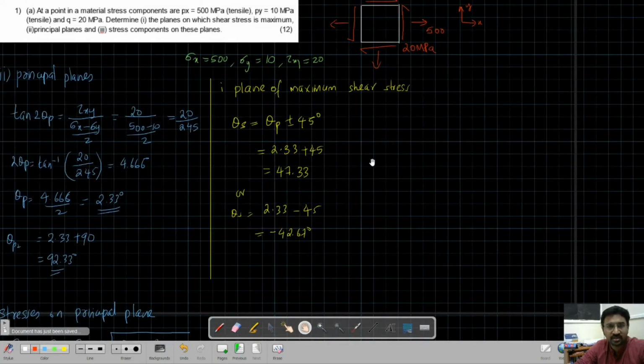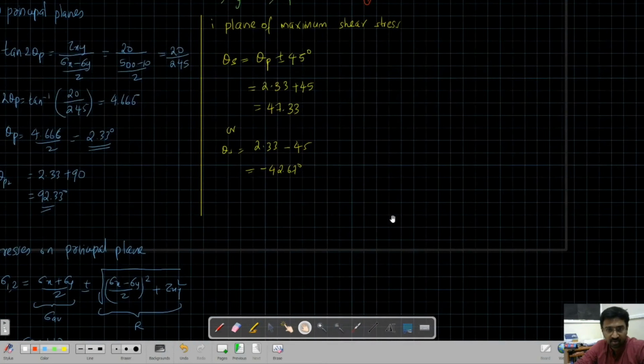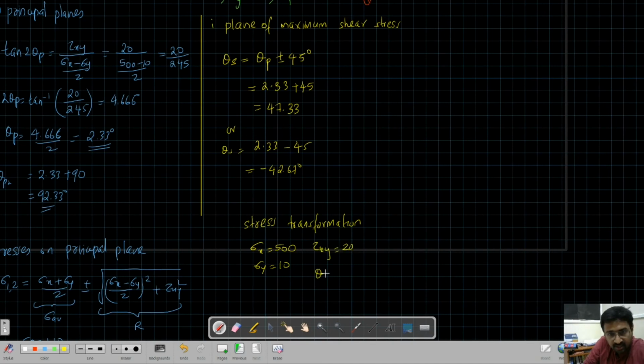Now we have to find stresses in the plane where the shear stress is maximum. So this also we can answer. For this we have to use the formula of stress transformation. In this, sigma x is again 500, sigma y is 10, tau xy is 20, and the theta that we have to consider is 47.33.